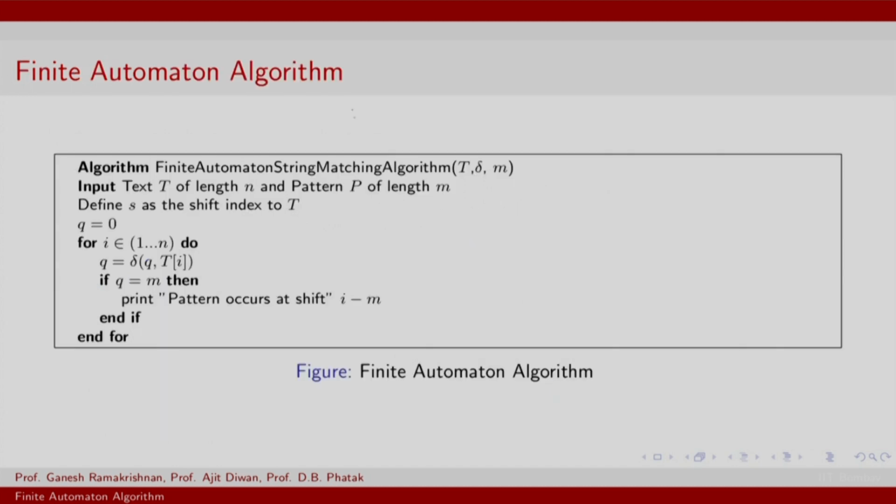So here is a simple finite state automaton algorithm specifically for matching an input text T. So given the delta, the m and the t, if S is a shift index to t, you start with the start state q equals 0, and for i equals 1 to n, as you scan position i of the text t, you make a transition from q to delta of q comma ti.